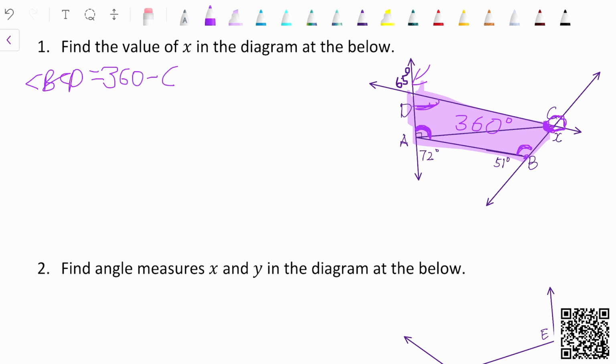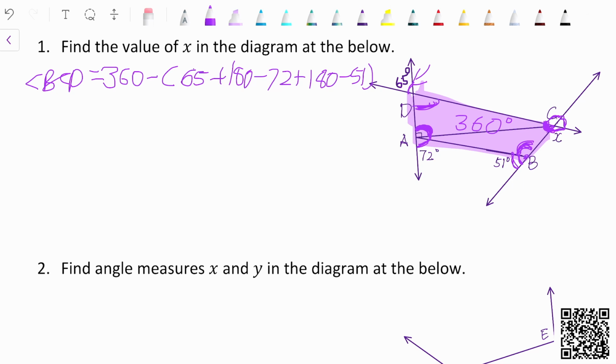There's really no question about it, they're parallel, so this carries over, 65. Plus, since this is 180, this angle is equivalent to 180 minus this angle, which is 72. So 180 minus 72. Plus, same thing with this angle. This whole thing is 180, this little bit is 51, so 180 minus 51.